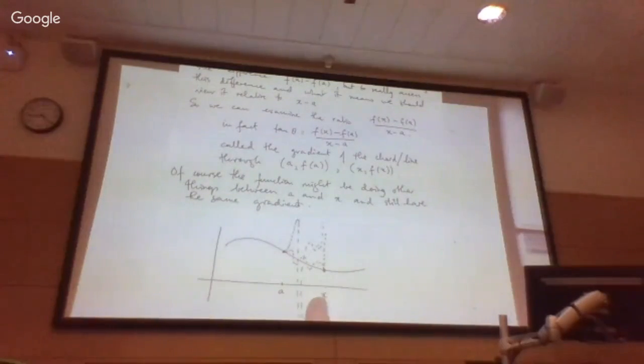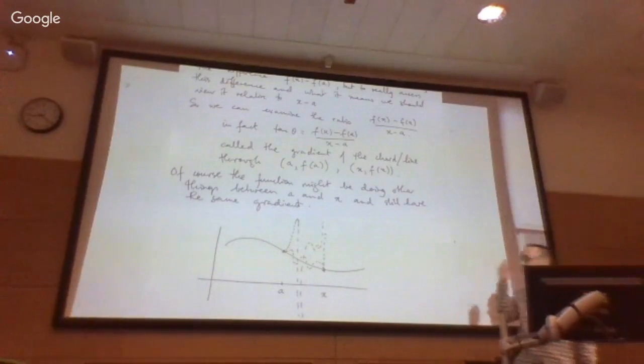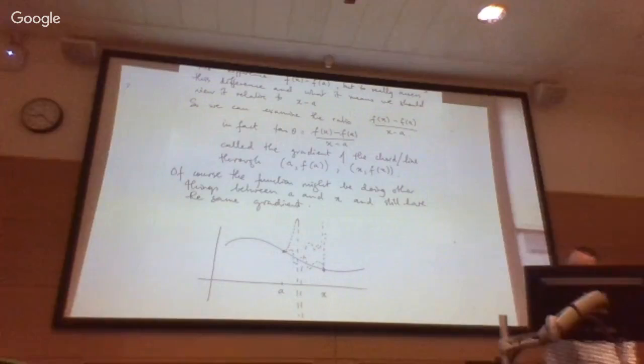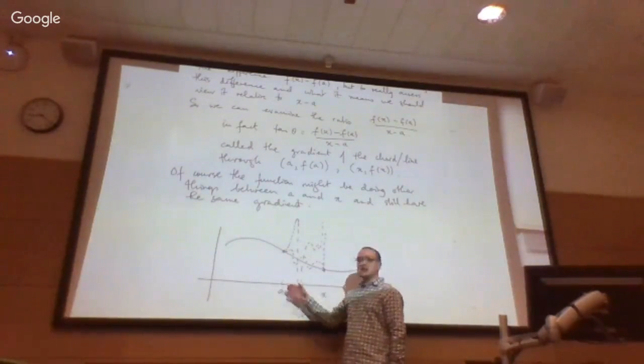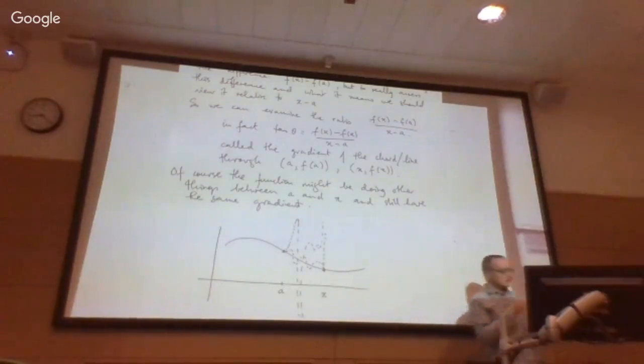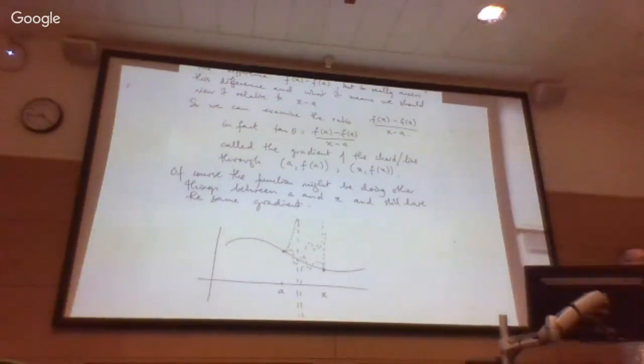Because as you let x get closer and closer to a, you've always got this definition of the gradient, how the function is behaving at a compared with at x. But the value of x you're using is getting closer and closer to the point A itself. So you're getting closer to capturing the behavior of the function at the point A, not at A and at another point X slightly away from A, but essentially what it's doing at A as well.